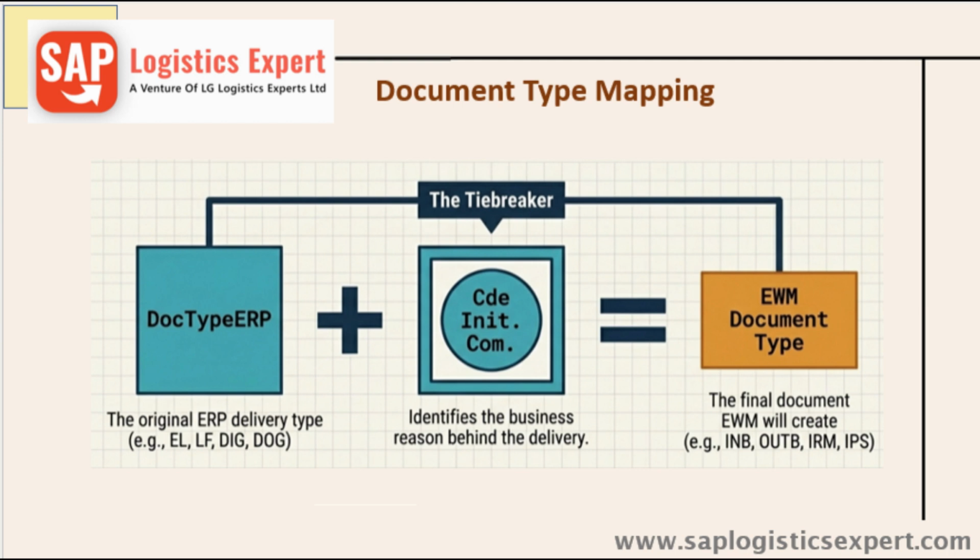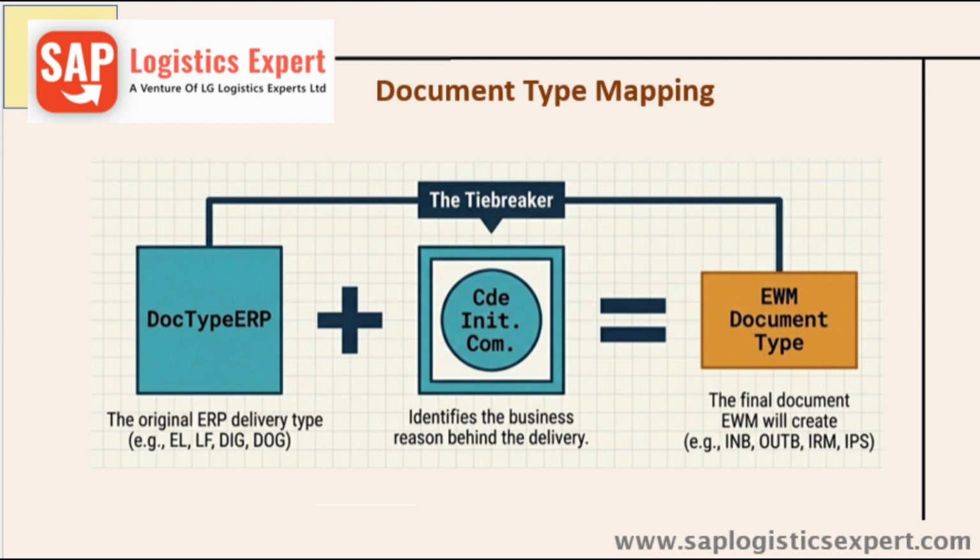Let's start with the header level mapping. This configuration tells EWM when ERP sends this delivery type, create this EWM document type. There are 3 key fields. Number 1. ERP document type, which is the original ERP delivery type, EL, LF, DIG, DOG, etc. Number 2.